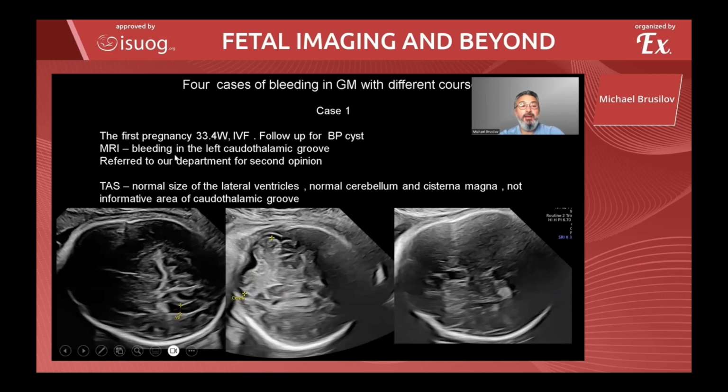MRI showed bleeding in the left caudothalamic groove, referred to our department for second opinion. On the transabdominal examination, we saw normal size of the lateral ventricles, normal cerebellum and cisterna magna, not informative area of caudothalamic groove.